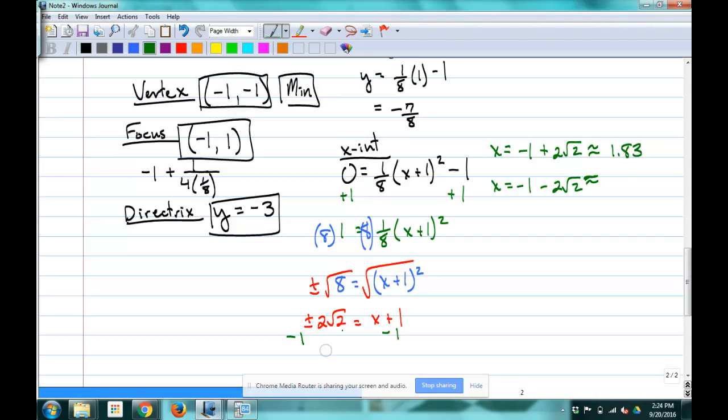All right. So our x-intercepts are at 1.83, 0, and -3.83, 0.